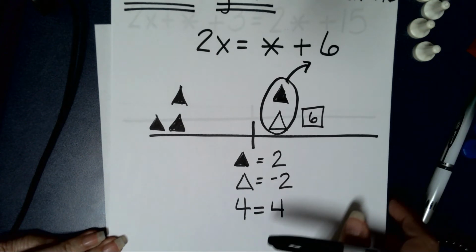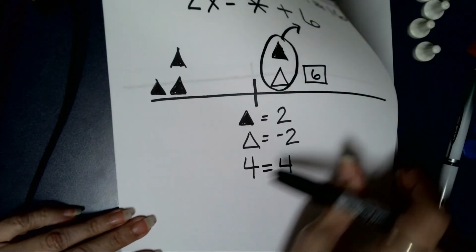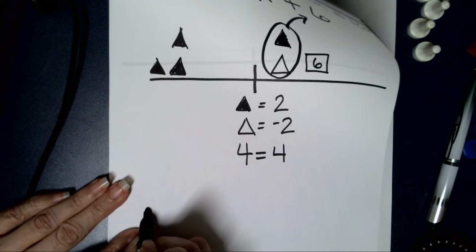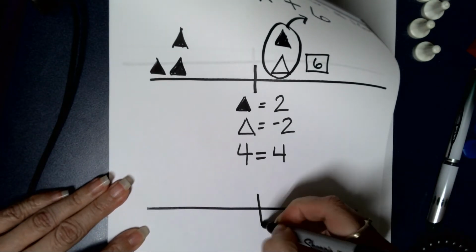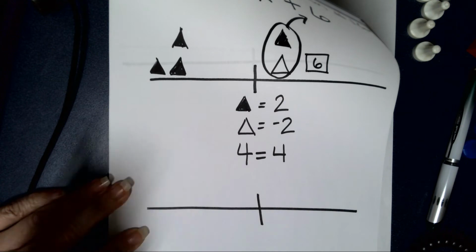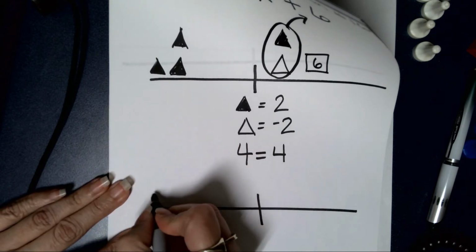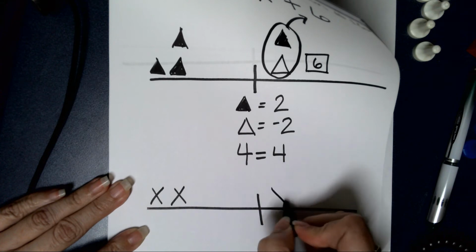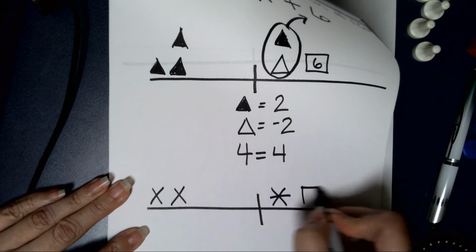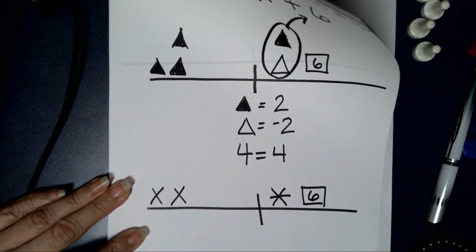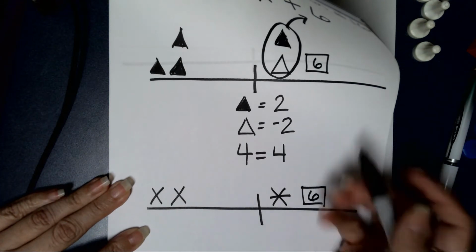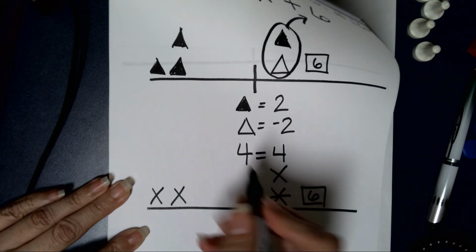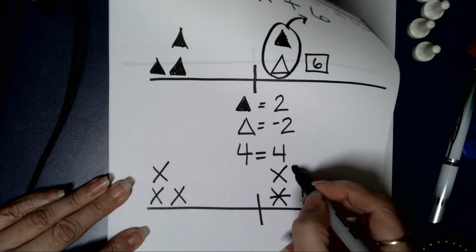As I mentioned, we could have also done this with X's. So if I drew another balance here, instead of drawing the 2 triangles, I could have done X and X, and over here I could have done star and 6, and I would have solved the same way. I would have added a pawn over here and a pawn over here.